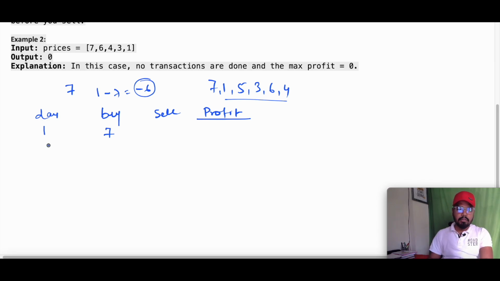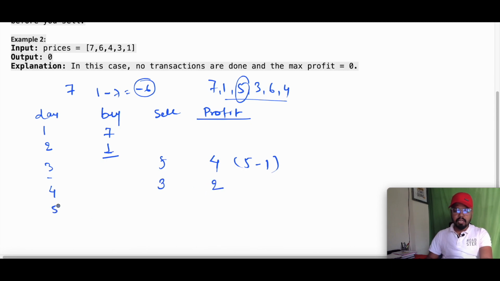But on day 2 if you buy the stock at price 1 and sell on day 3 at the price of 5, you will get a profit of 4. Suppose you buy on day 2 and sell on day 4, you will sell at price 3 and then the profit would be 2.